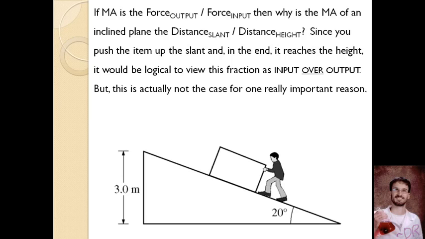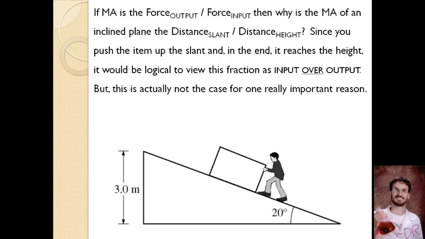And what do I get out of the machine? I get a box up here. I get a box that's the height of the ramp. So if you were just sitting down and trying to make these connections, this would seem upside down. It would seem like our fraction was actually input over output, when it needs to be output over input. Well, it's really not the case.